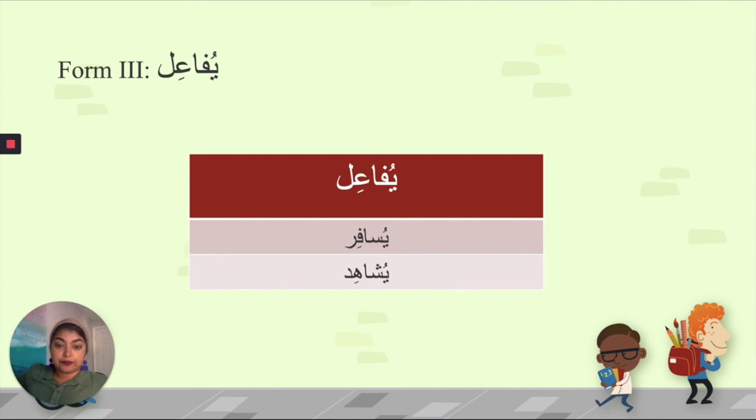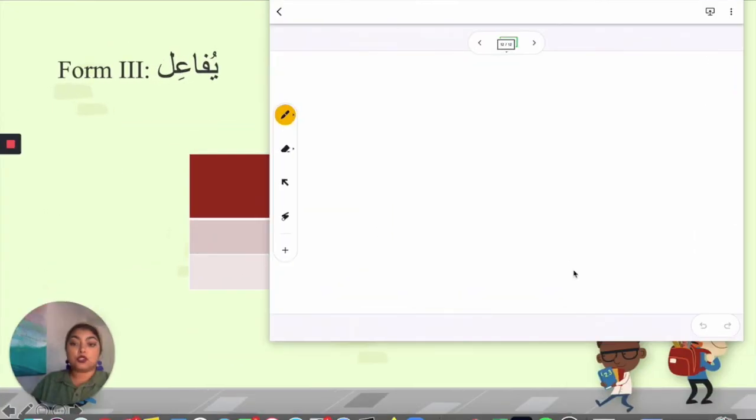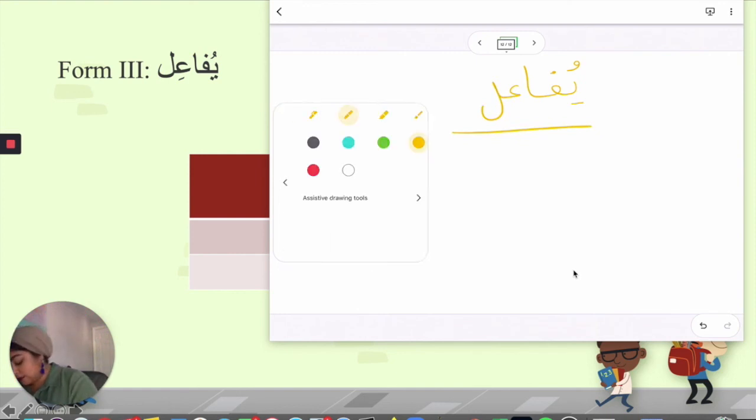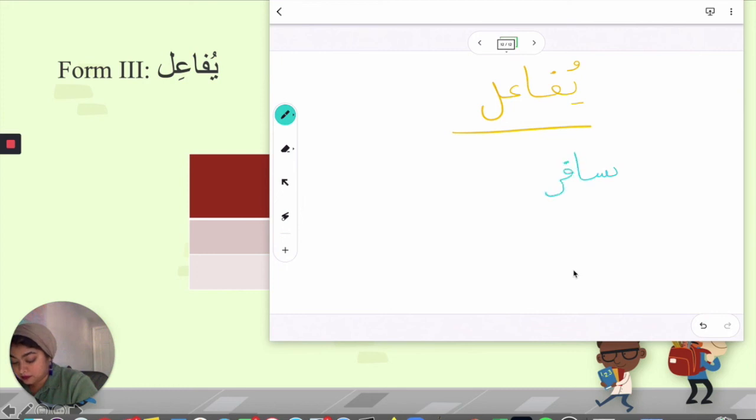That something else is involved. So the verbs that I gave you, we have yufa'il. We saw the verb in this chapter, yusafir. Yusafir, meaning traveling to. When you travel, you're usually traveling to a place, right? So you're not just doing the action on its own, you're going to a place.